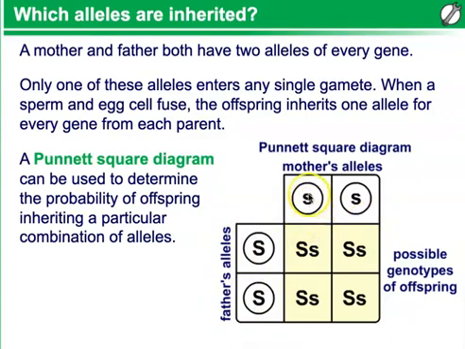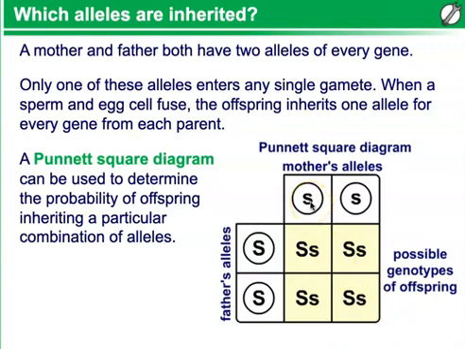Mom contains one lowercase s allele from either her mother or father, and one lowercase s allele, again from either her mother or father. The father's alleles in this case include two uppercase S's, the first from either his mother or father, and the second from either his mother or father. The combination of these alleles could result in these possible genotypes of offspring.